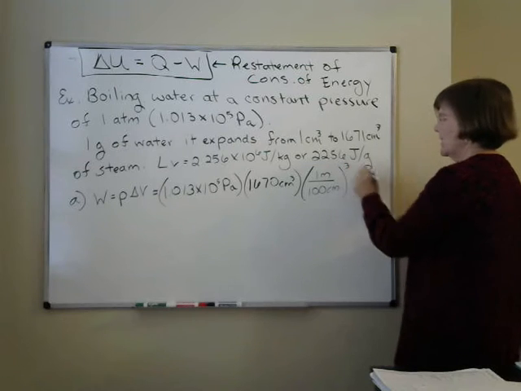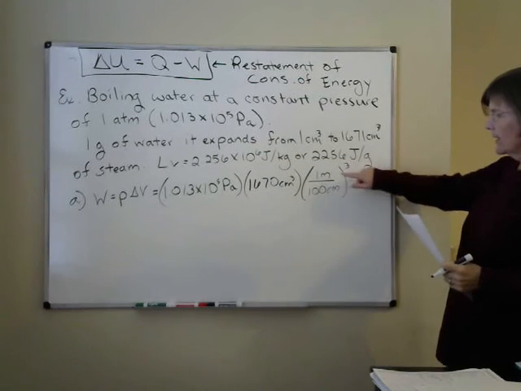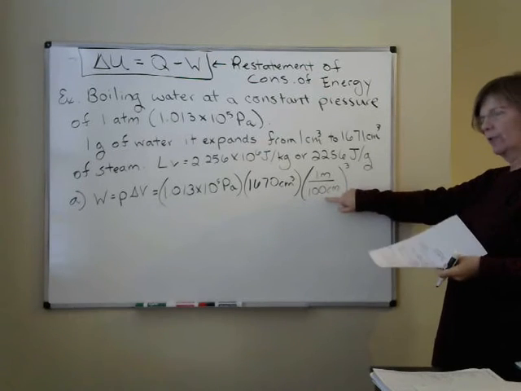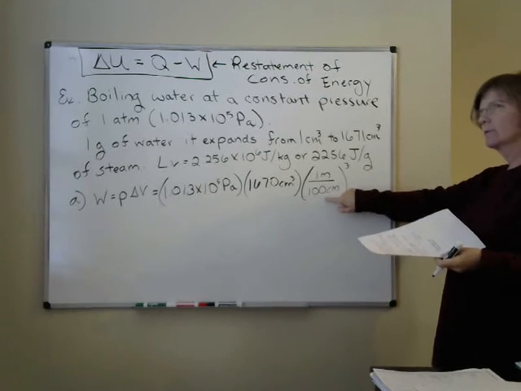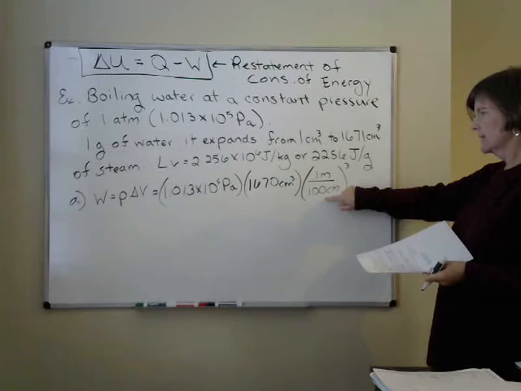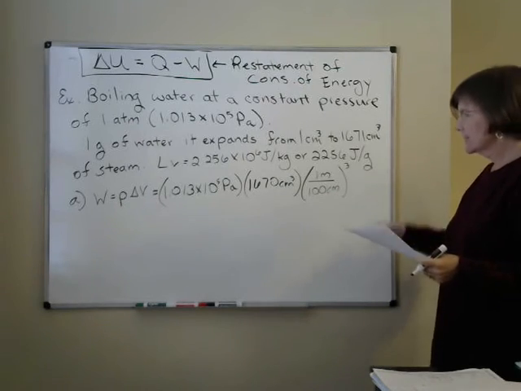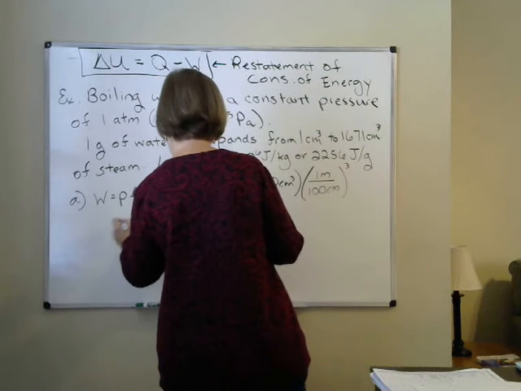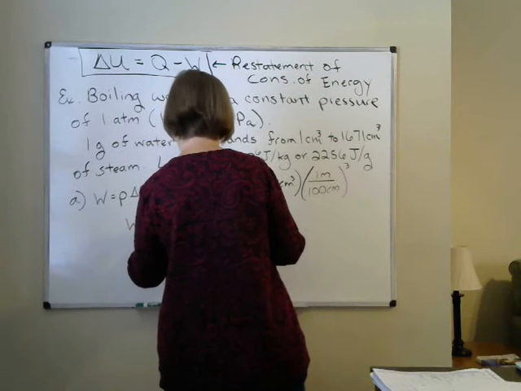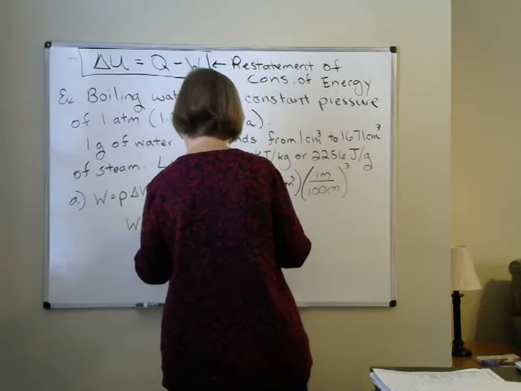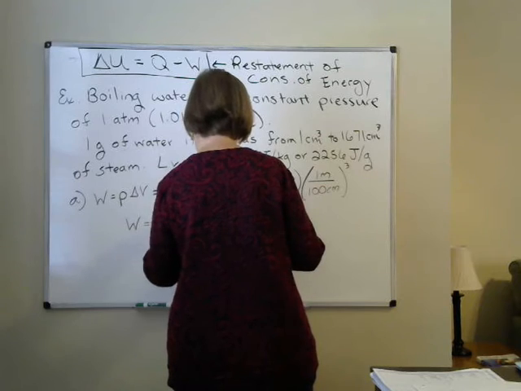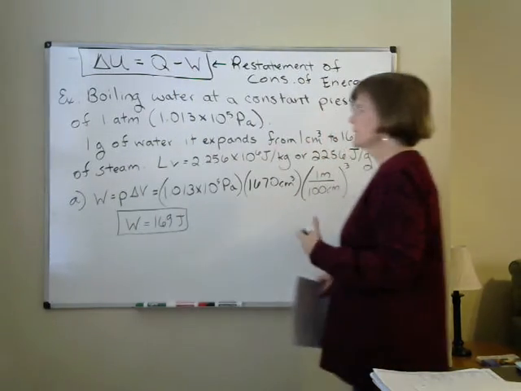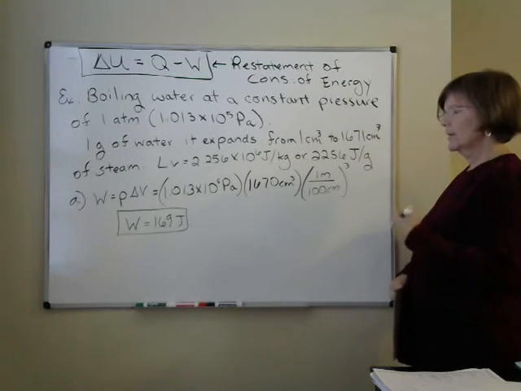So my conversion factor is 1 cubic meter is 100 cubed, which is 1 million cubic centimeters. When I make that conversion, the amount of work done comes out to 169 joules. So the work done by the gas is 169 joules.